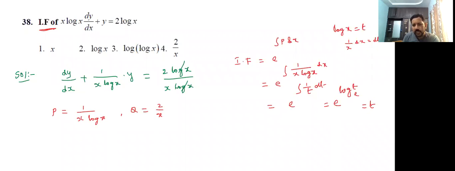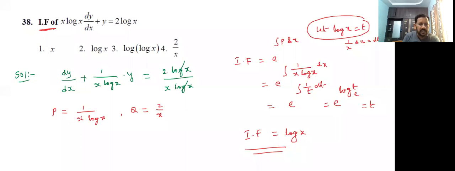What did we take t as? Log x, or not? So finally the integrating factor is log x. Students, which option is correct? Second option. Integrating factor models are important in Eamcet. Sometimes they will give them in mains also.